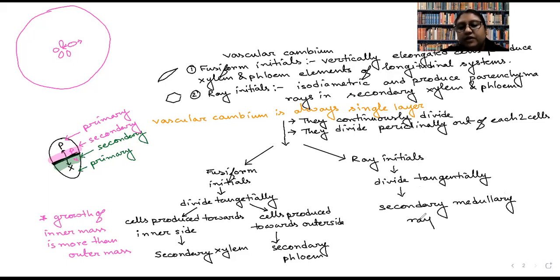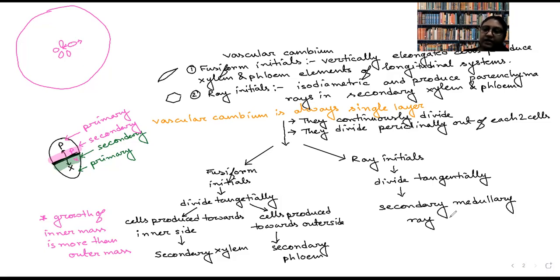You know the primary medullary ray is the parenchyma layer present between two vascular bundles, that is, between xylem and phloem. That is called the primary medullary ray, and this ray initial is forming the secondary medullary ray.